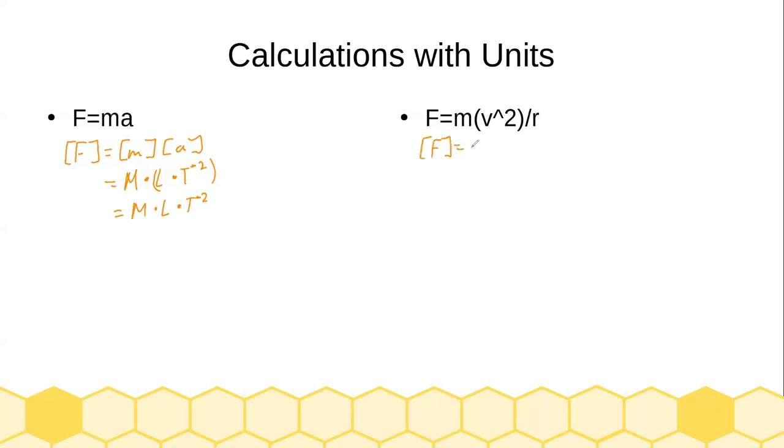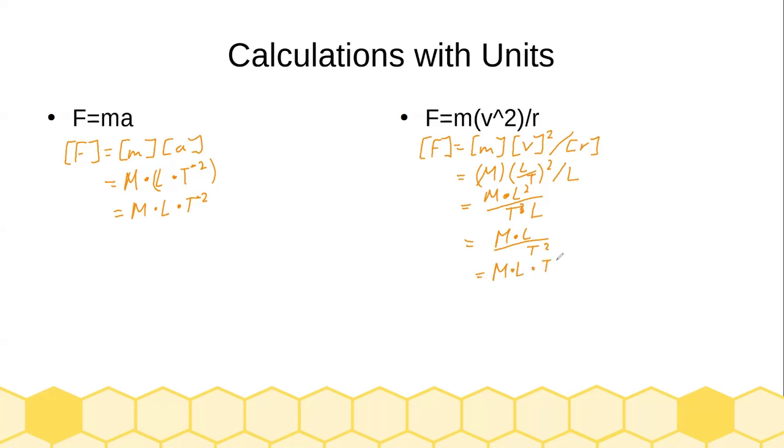When we do this, we have force equals the units of mass times the units of speed squared divided by the units of length, which is equal to mass times length divided by time squared, divided by length, which gives us the same units of mass times length times t to the -2.